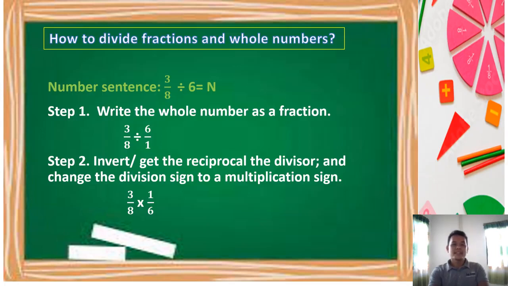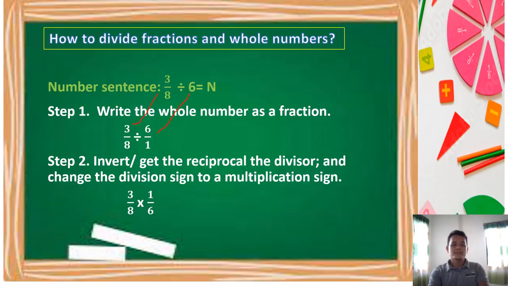Step 1, write the whole number as a fraction. So just copy 3/8. Then our 6, which is a whole number, we just use again 1 as the denominator, so that becomes 6/1. So our new expression now is 3/8 divided by 6/1.